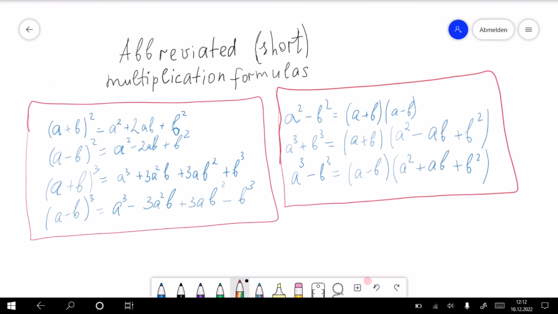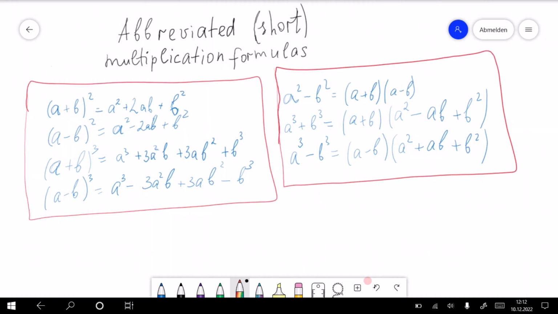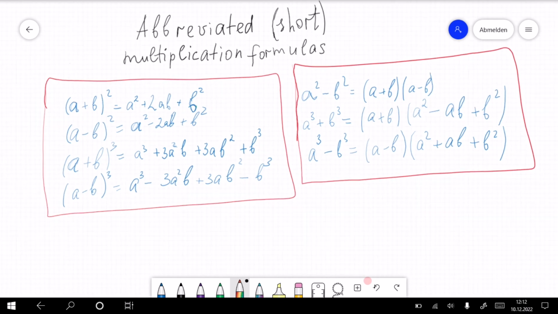So these are 7 abbreviated multiplication formulas which students must know in high school. But from my life experience, I can confidently say that you really need to know only 3 of them.